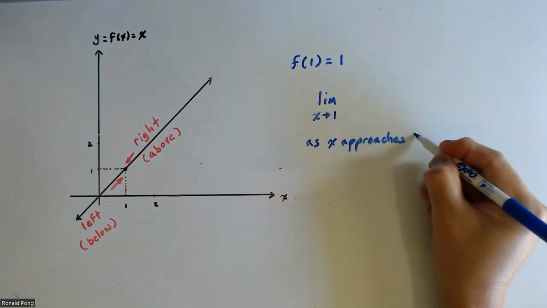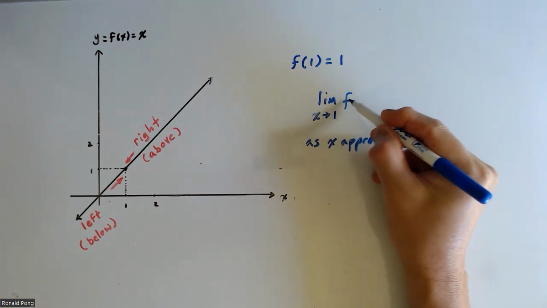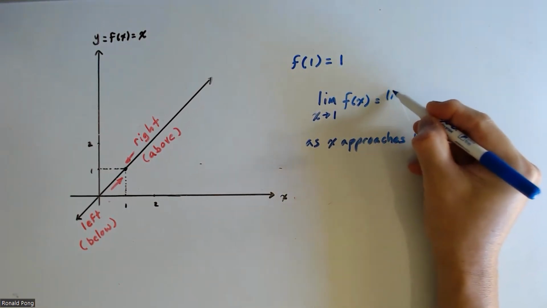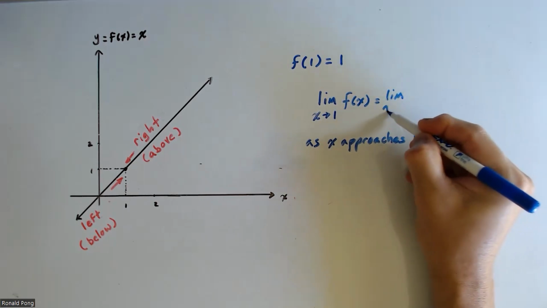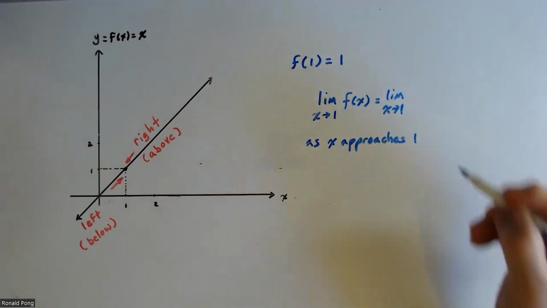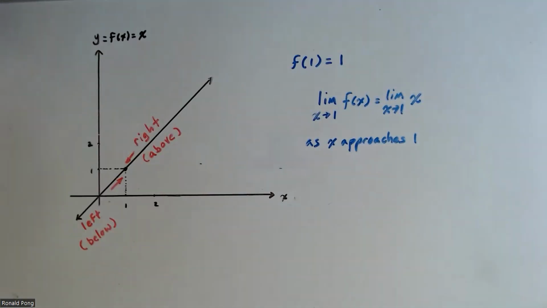So I'll write that. And here we're going to just go ahead and use our notation f of x. We could also substitute the actual expression for f of x. In this case, f of x equals x, or y equals x.